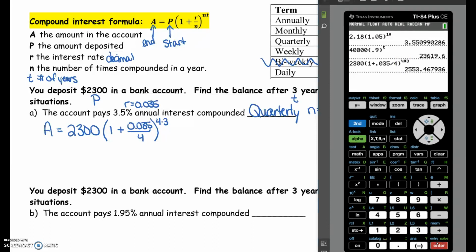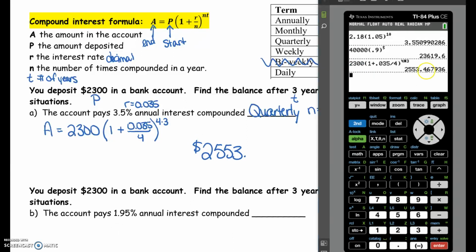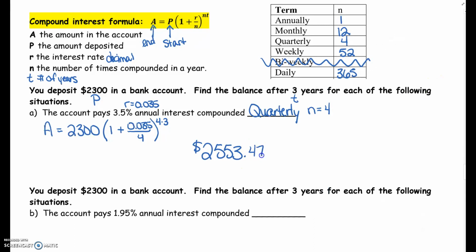Remember, parentheses are your friend. Our answer is $2,553. And then think about how we round money. It says 0.467. So 46 cents, the 7 is going to round that up to 47 cents. Make sure that you are practicing correct rounding.